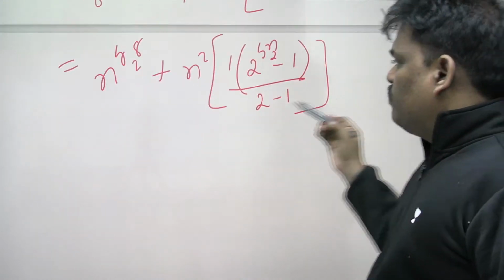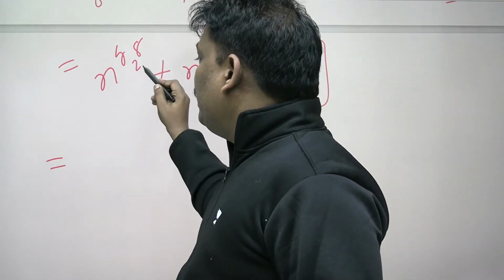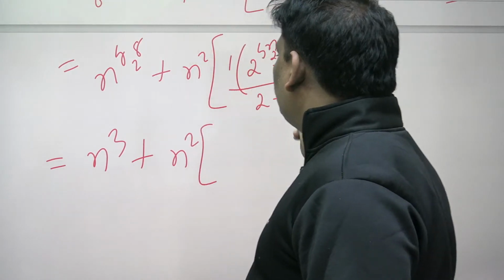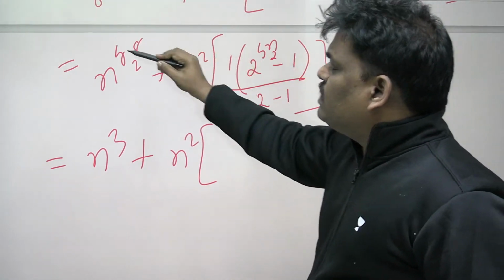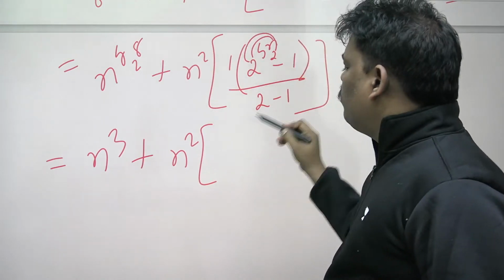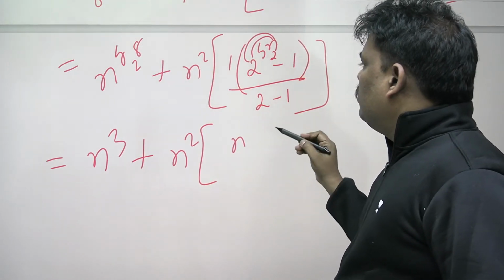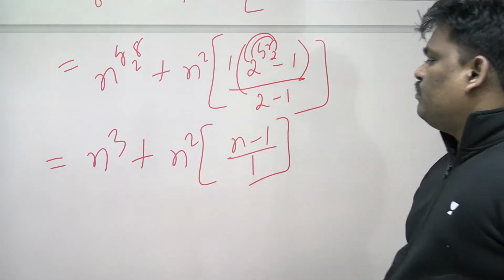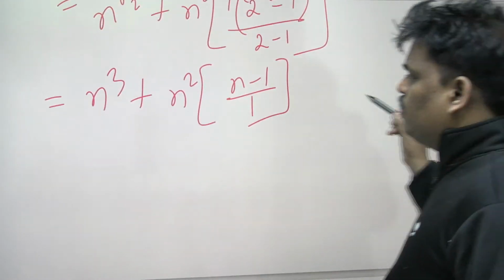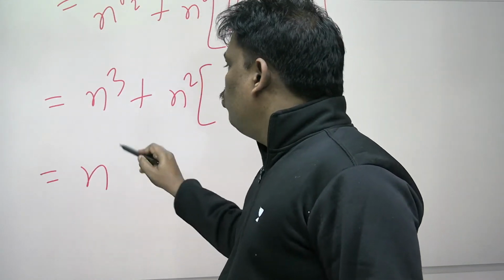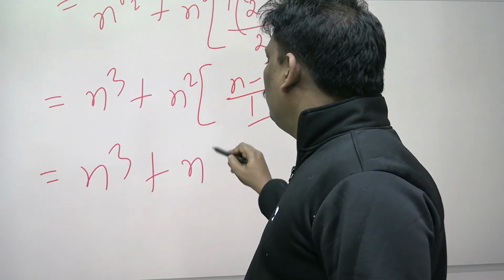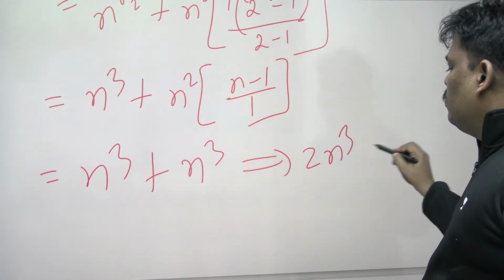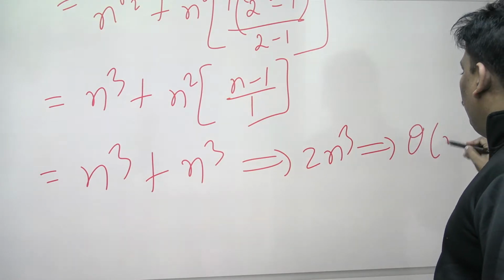So n power log 8 base 2 is n cube, plus n square into, in the similar way, same formula, n will come down, 2 will go up, it will become n minus 1 by 1. Forget about the minus 1 and plus 1, this became n cube plus n cube, which is 2n cube, which is nothing but theta of n cube.